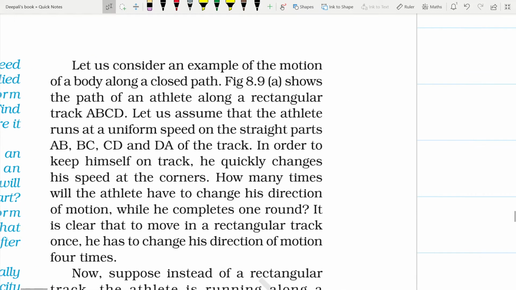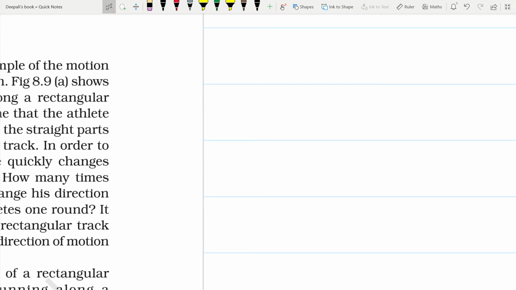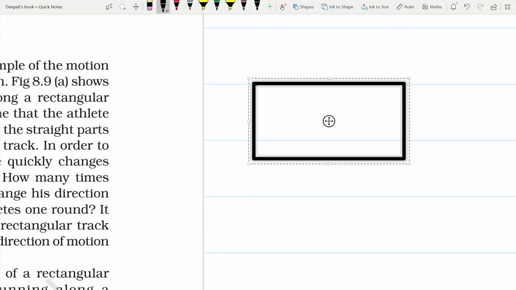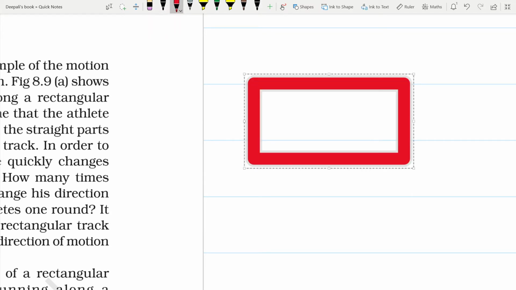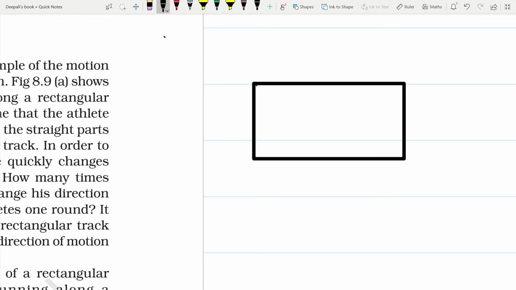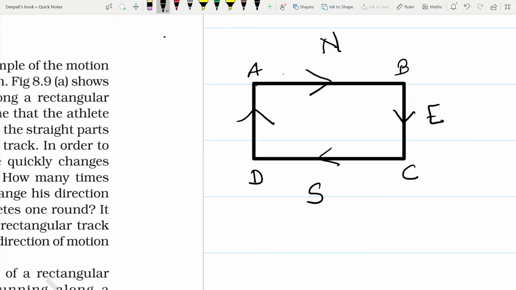It is very clear from this example. Imagine yourself moving along this rectangular path. Suppose you are moving from A to B and B to C and C to D and D to A. Let's take these as north, south, east and west.